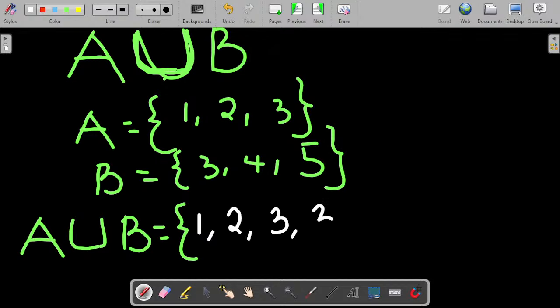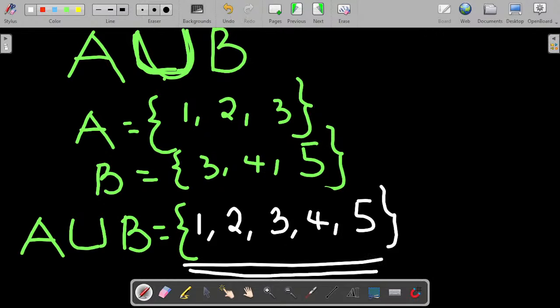You combine all the elements without repetition, so you just take a single 3. Then we have 4, and 5. This is now your A union B.